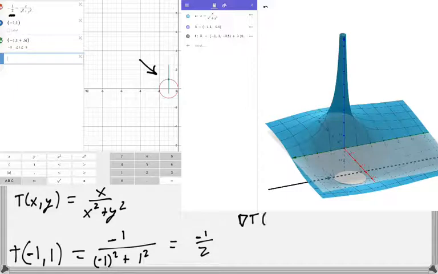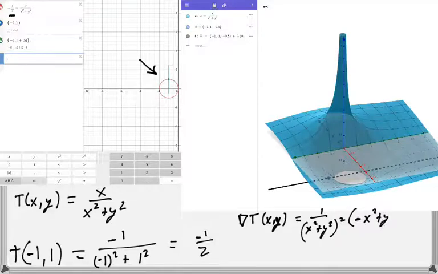It was of xy equal to 1 over x squared plus y squared, and then times, where did I have my gradient? Negative x squared plus y squared, okay, and that was the i component, and then minus 2xy, that was the j component, okay.